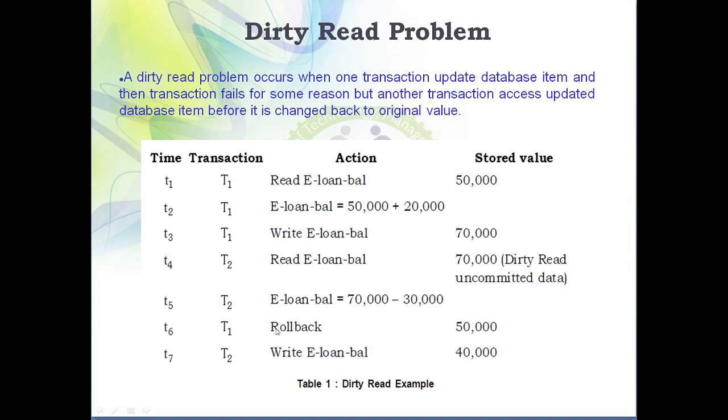See, there are three commands in the TCL category. What is the TCL category? Transaction Control Language. In that case three commands are there: savepoint, commit and rollback. Rollback is used to undo the changes, and commit is used to save the changes permanently, and also there is a command called savepoint.